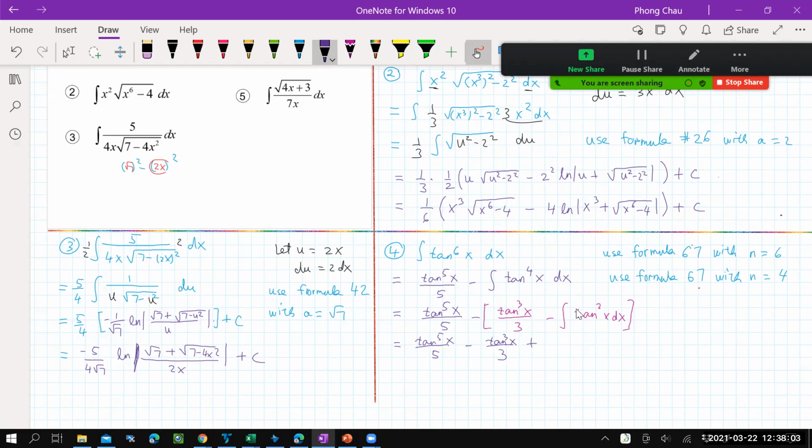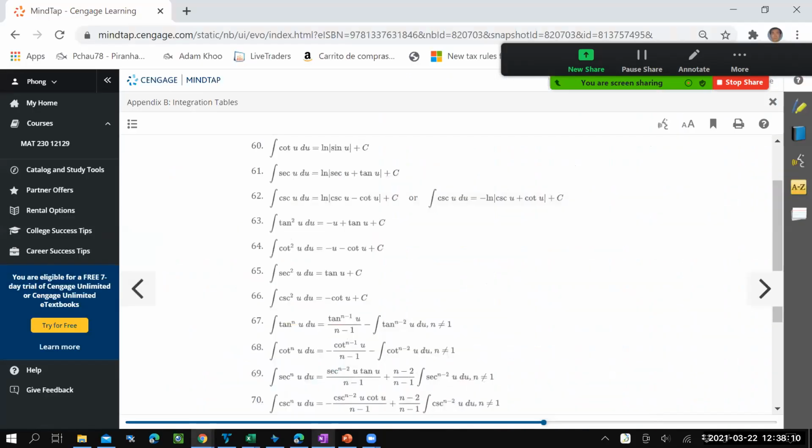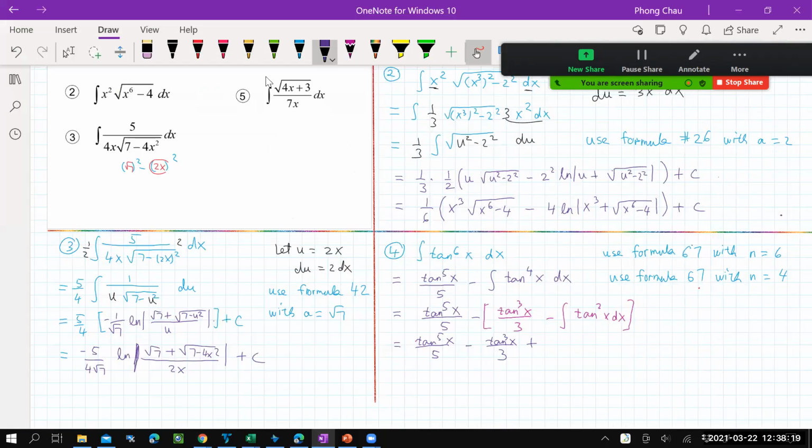And then I'm using the formula for the tangent square, that is formula 63. So negative u plus tangent u.